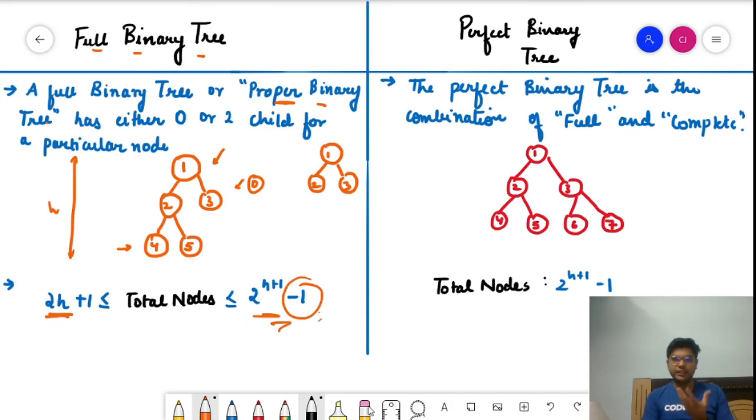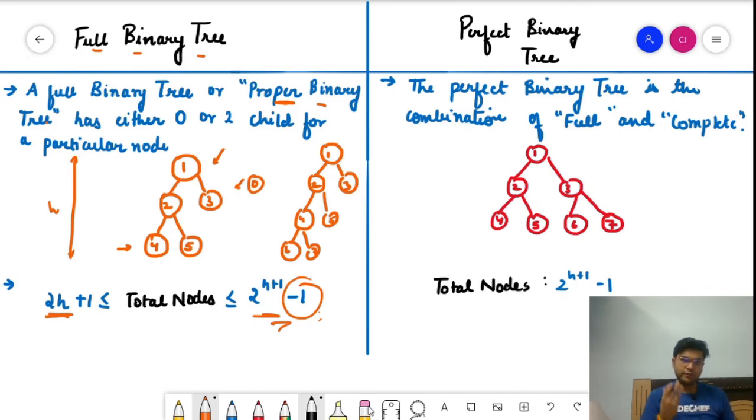That can be the possible case, because we have a full binary tree of height h. So what will be the case in which at each level we have the minimum nodes? Only one node in a level has 2 children, that is 4 and 5. Let's take one more level, that is 6 and 7. So this will be the minimum possible case.